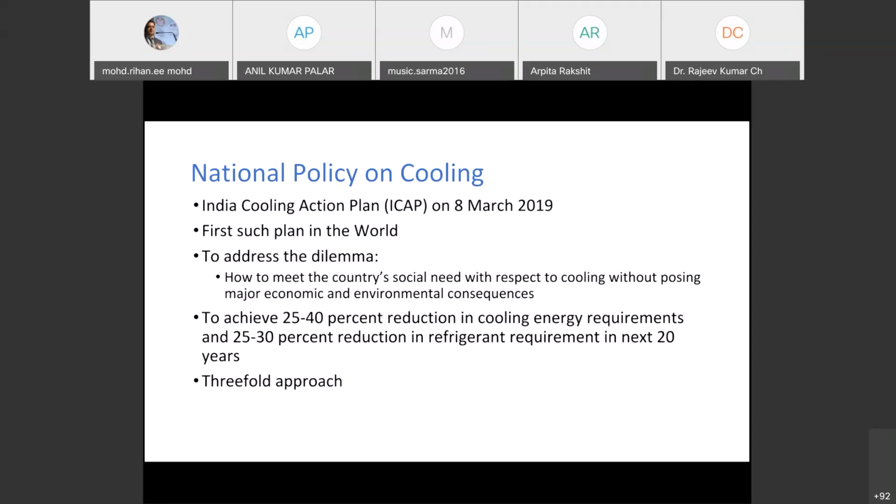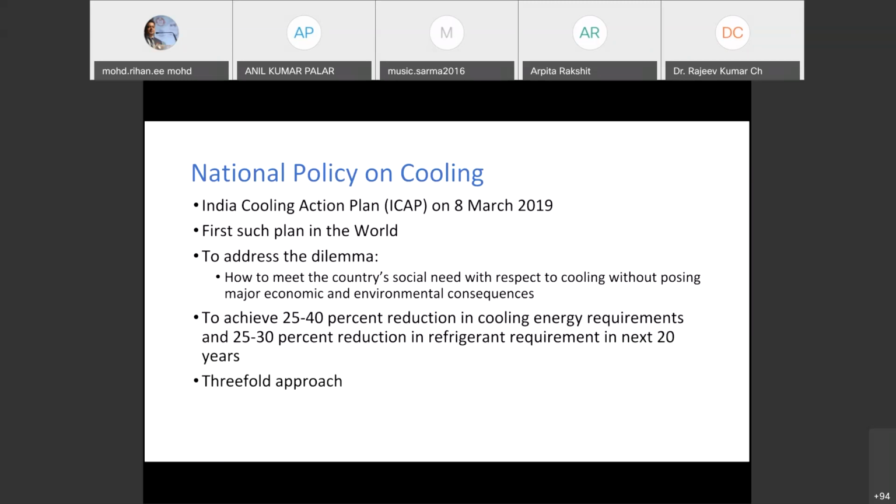Keeping that in mind, the Indian government has formulated a plan known as the India Cooling Action Plan, ICAP, which was released on 8th March 2019. It is the first such plan in the world, and it is trying to meet this contradiction that we agree we need ACs, we need this cooling, but how to minimize the impact on the environment.